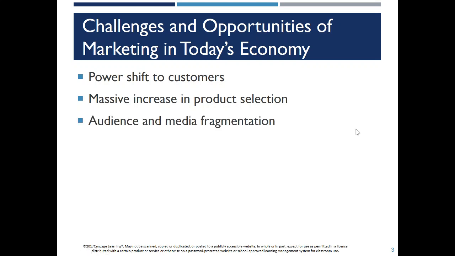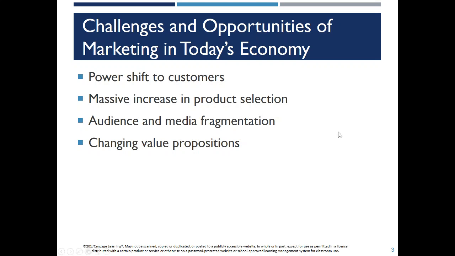Audience and media fragmentation. Social media is big now. Used to not be a thing, so there's a lot more places for us to interact with consumers and consumers to view information. Changing value propositions. Consumers value a lot more different things than they used to. Could be quality, could be low price, could be socially responsible sourcing, could be lots of different things.